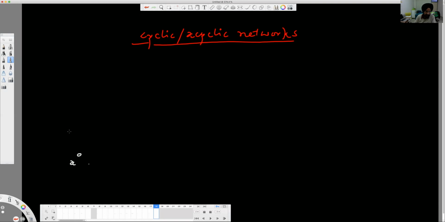And then there was another node B. So this is your time. So I'm drawing it in a particular way. You might say that I can draw it in some other way. Why do we care about when the paper was published, the time, right? That's fine. That's a fair criticism, and we'll see that in fact that doesn't matter.